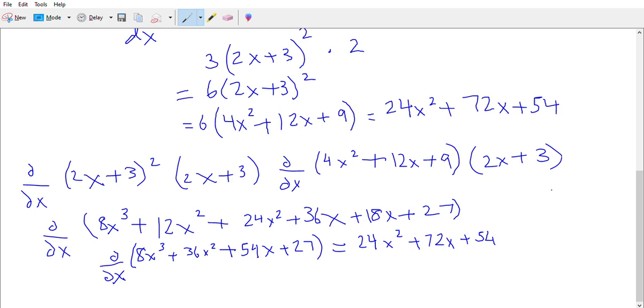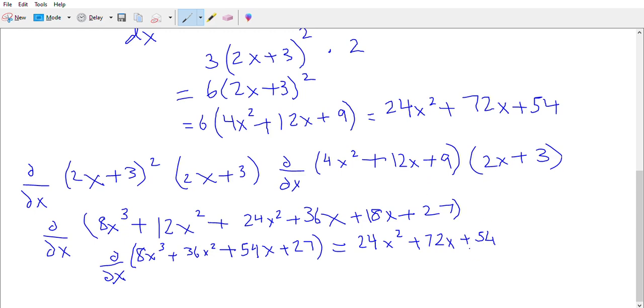Of course, if I did remember the a plus b whole cubed formula, it would have been done much quicker than this, but I didn't remember it. But that's fine. Still got the right answer. And then you can obviously decide to convert it back to 6 times 2x plus 3 squared if you want to. But otherwise, you can leave it at this form as well.